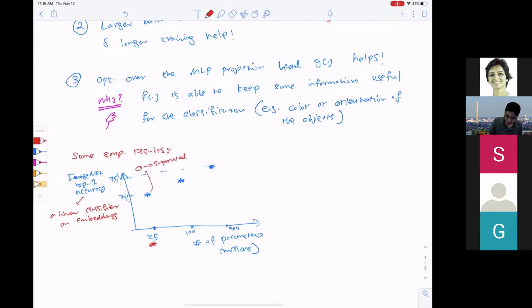Of course, there is a gap, but the gap is smaller than for other self-supervised methods, which usually live lower than the numbers they have obtained. So this shows it's a promising direction to learn the embeddings and then apply a linear classifier on top of it, and they obtain pretty impressive performances.